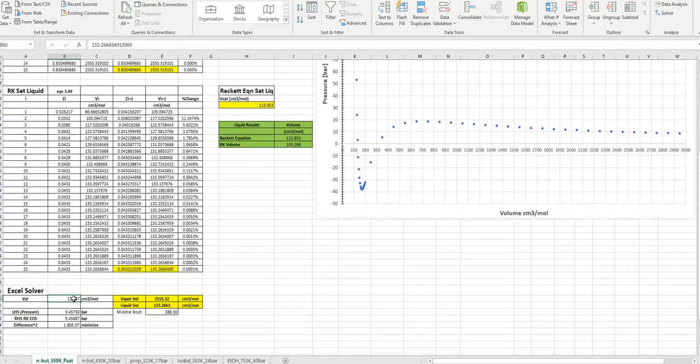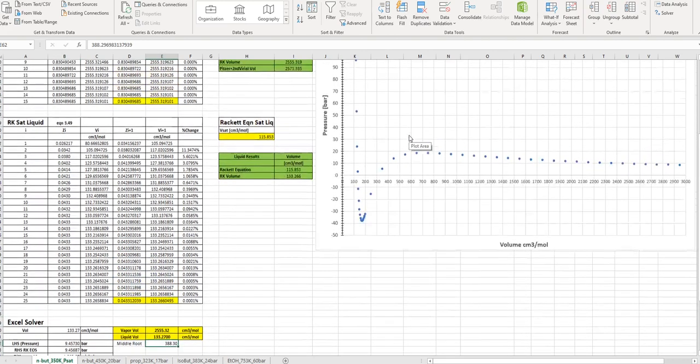I could probably go into the solver function and change some settings, but the correct value should be about 133.27. You can see that's what we got when we did the iteration. This is our answer. As you saw, if we were not careful, we had the value of about 388 for our second root.